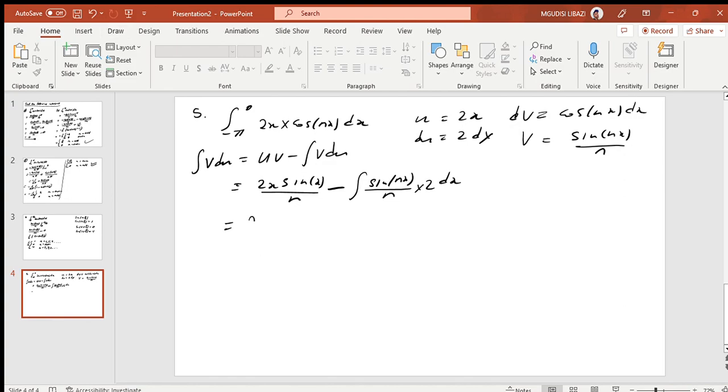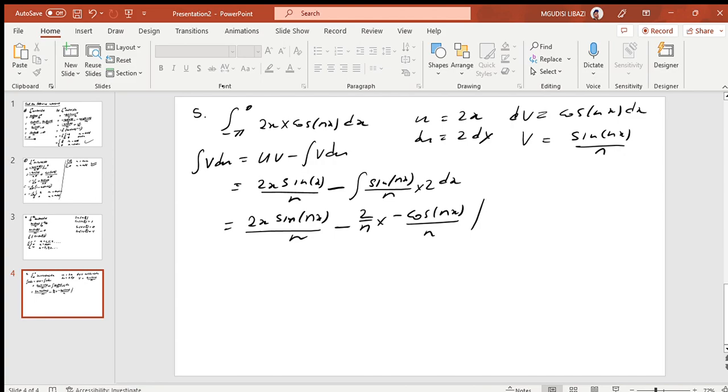So we're going to get 2x sine of nx divided by n, minus integral of 2 over n multiplied by, so integrating the sine there, we get negative cosine of nx divided by n.